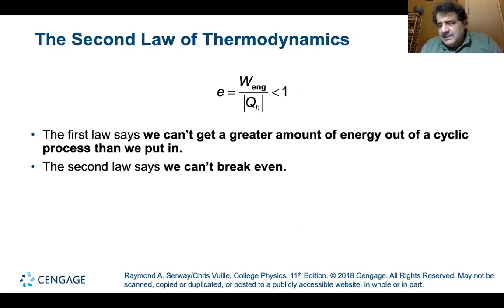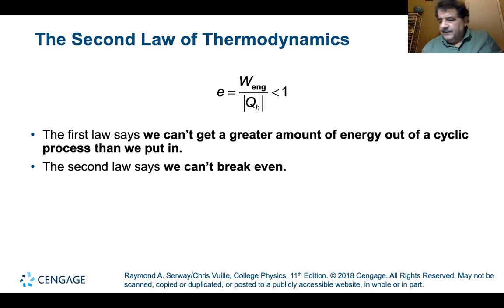In other words, the efficiency of the engine always has to be less than 1. No matter what engine is used, some energy must be transferred by heat to the cold reservoir.